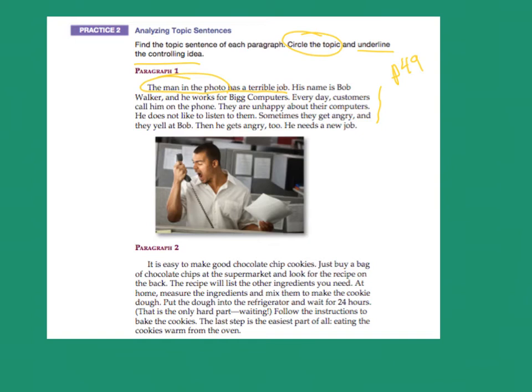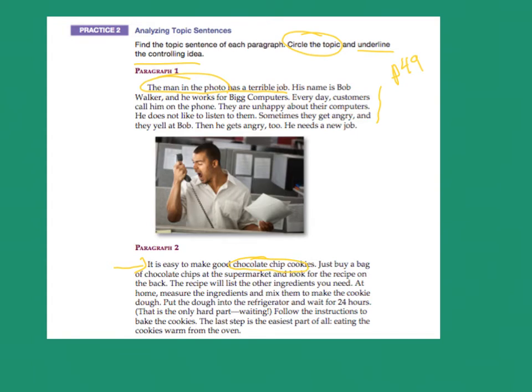So we know that our topic sentence is our first sentence. It is easy to make good chocolate chip cookies. What's the topic of that sentence? Did you say chocolate chip cookies? I agree.